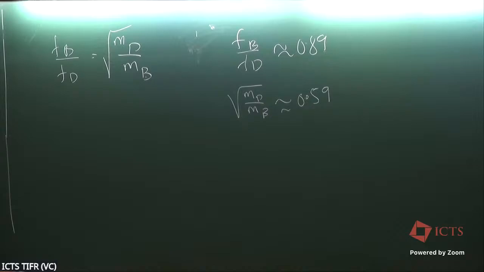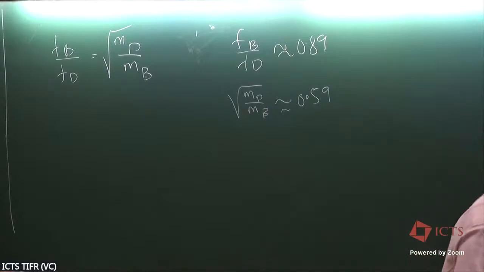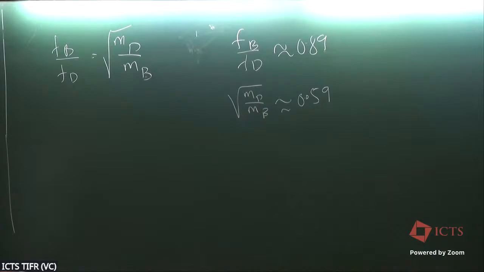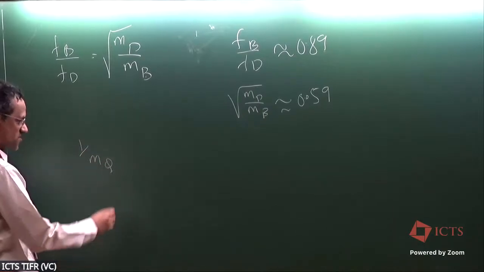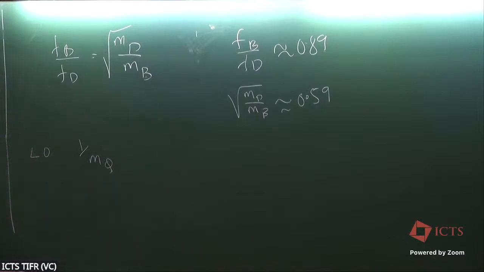So maybe HQET is not super quantitatively accurate, but let's not give up so quickly. There are, of course, things that are approximate here. Of course, we have made 1 upon MQ. This is leading order in 1 upon MQ. There can be corrections associated with this.